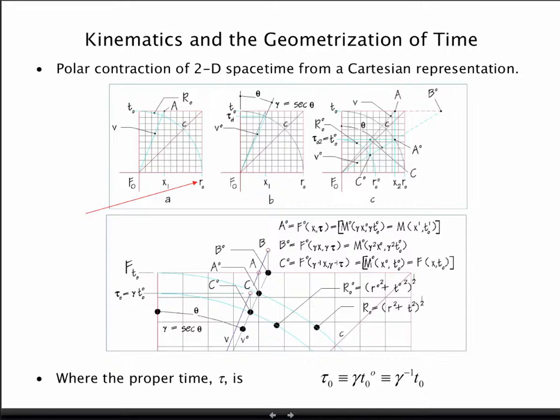R sub alt represents 1 unit of space and T sub alt 1 unit of time. The diagonal line C is the normalized speed of light in any reference frame, in which any contracted unit of space and time remain equal.